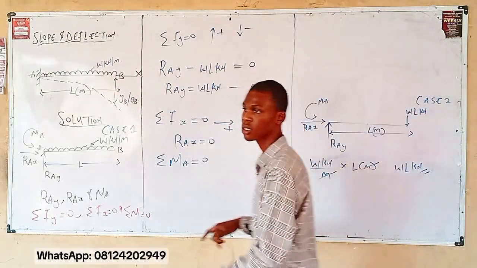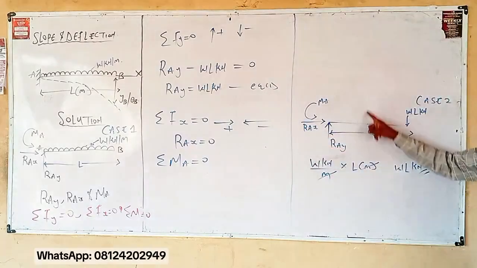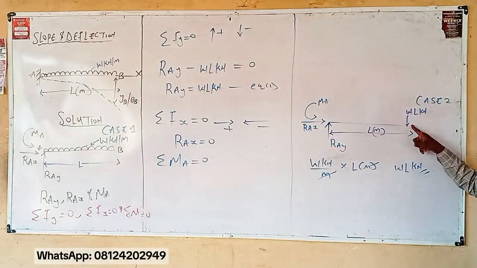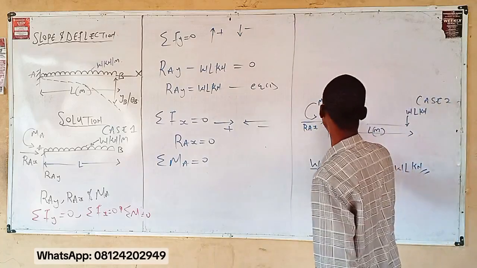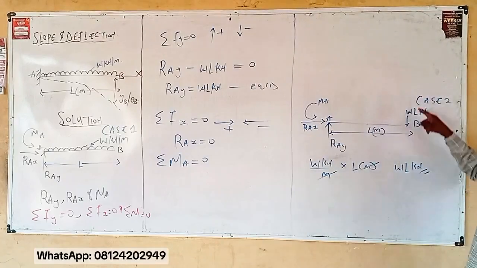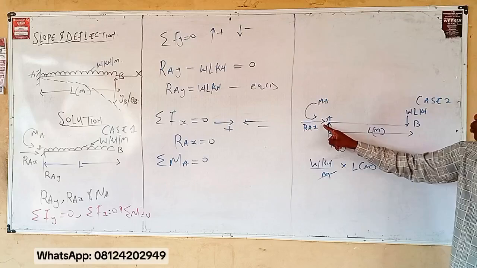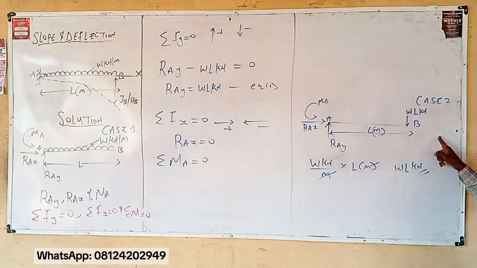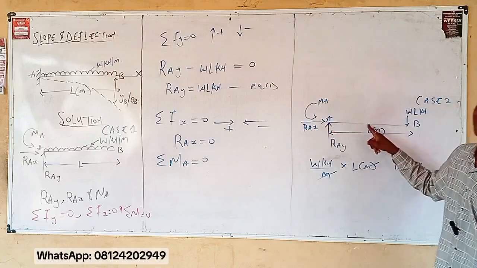Hope that's correct. What it means is that we've converted our UDL to a point load. So instead of putting it at the midpoint, I'm putting it here. Why? Because this force is spanning from A to B. Are you getting what I'm saying? Putting my UDL here means the UDL is spanning from A to B. If I put it at the center, it means it is spanning from A to that center.